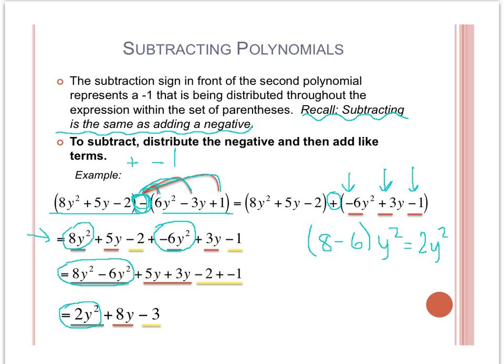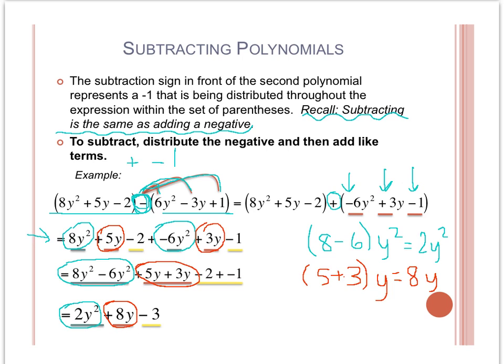And then the next terms we are noticing to be similar are the y terms. So we have 5y and 3y. So again, we are adding those coefficients, so 5 plus 3 is going to equal 8y. Again, as you see it being done here, and in the final answer we get our 8y.